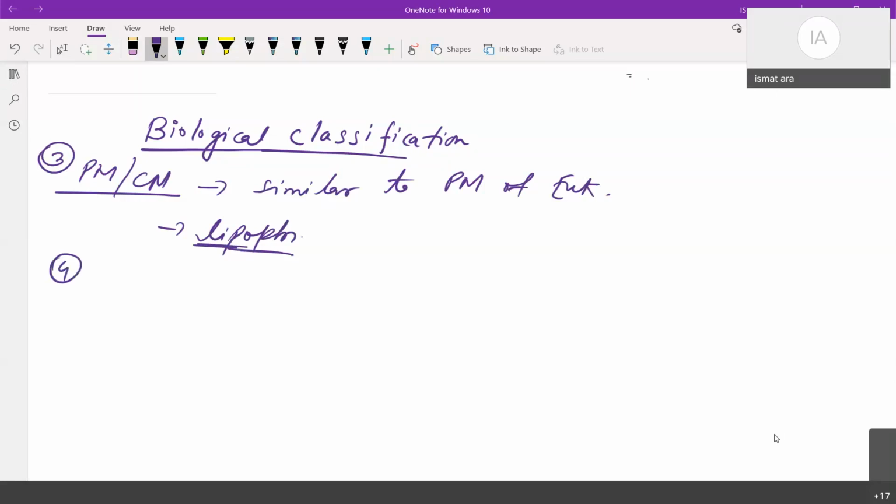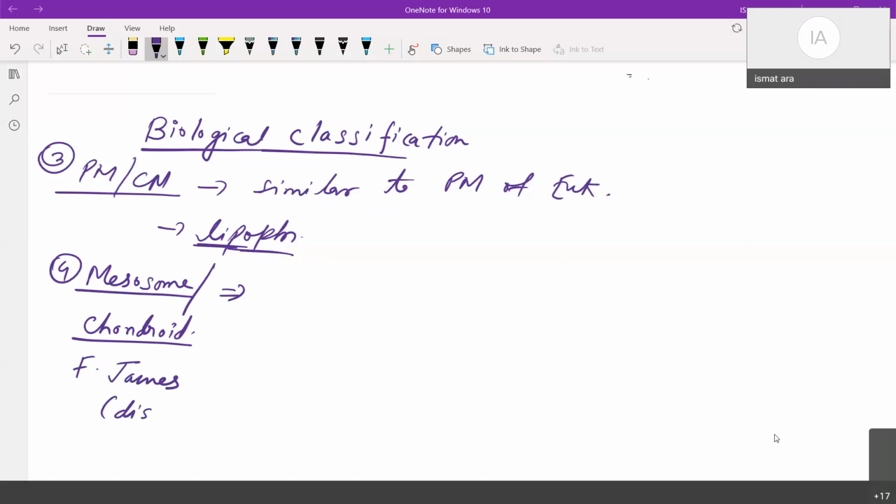Next one, mesosome. As I already told you, inward invagination of the plasma membrane is called mesosome. Another name of mesosome is chondrioid, and it was discovered by F. James. Now, two types of mesosomes are there.